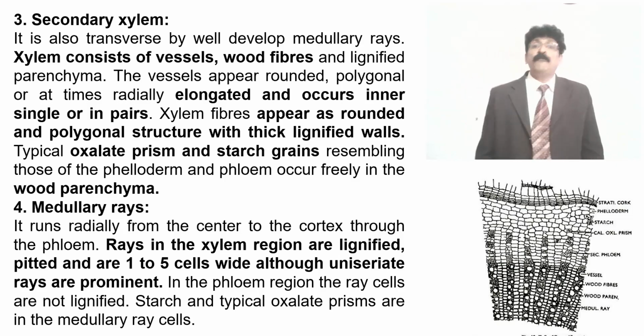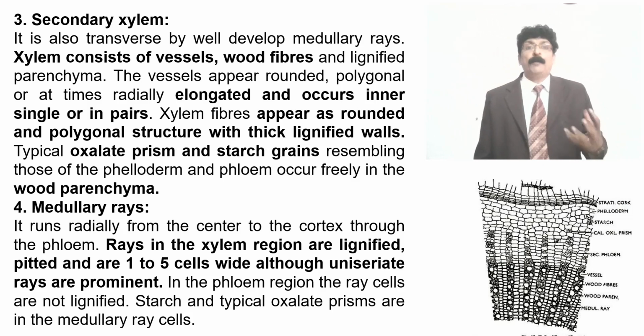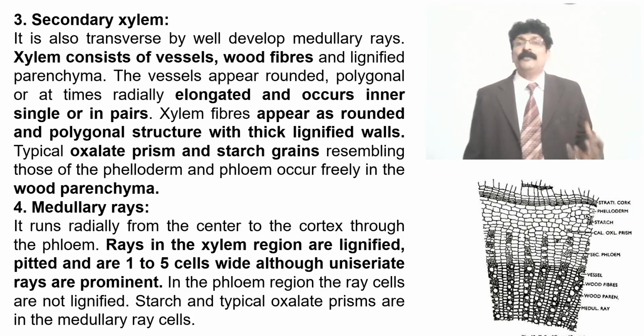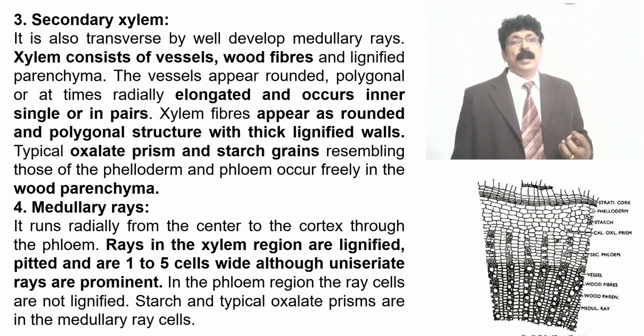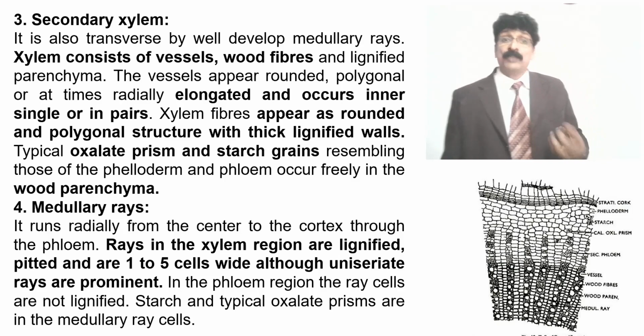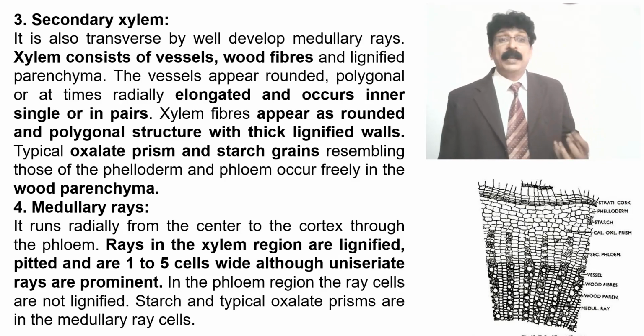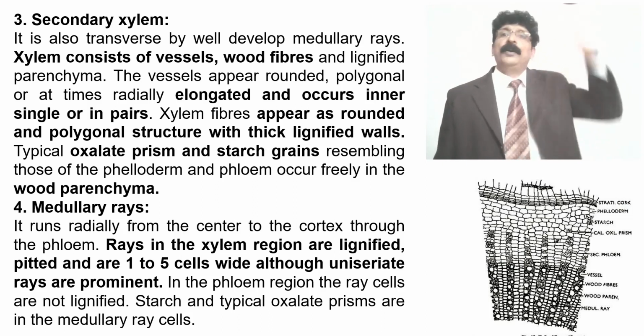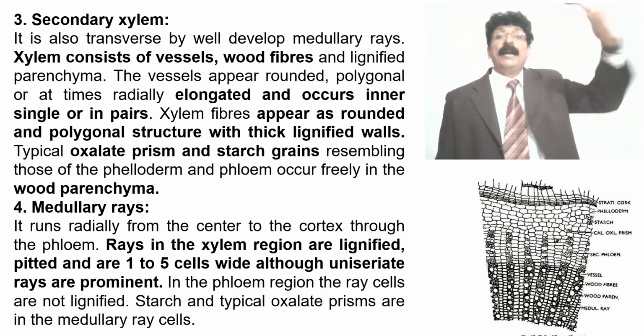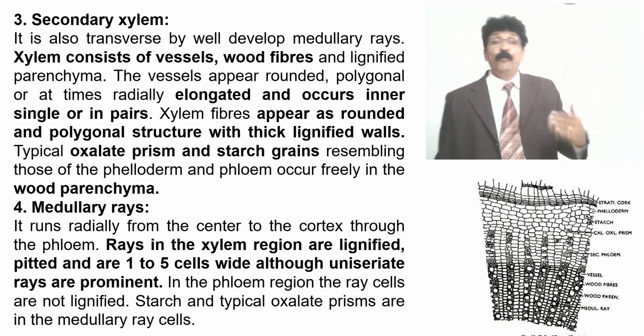Xylem fibers appear as rounded and polygonal structures with thick lignified walls. Typical calcium oxalate prisms and starch grains resembling those of the phloem occur freely in the wood parenchyma.